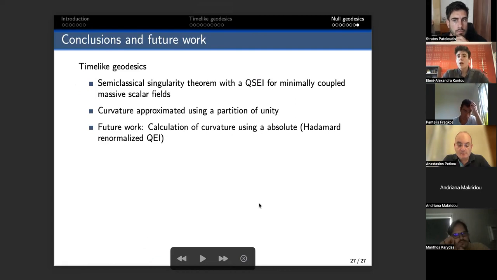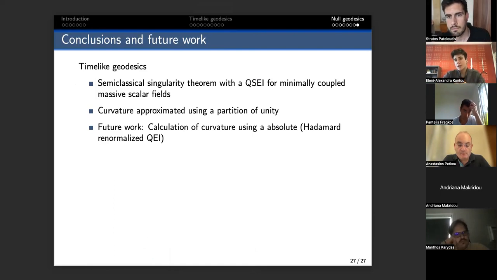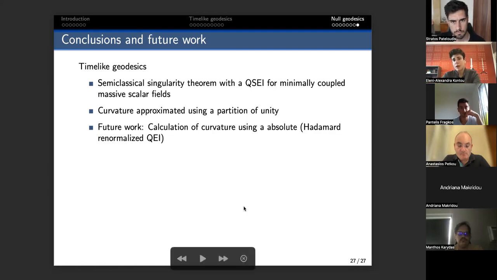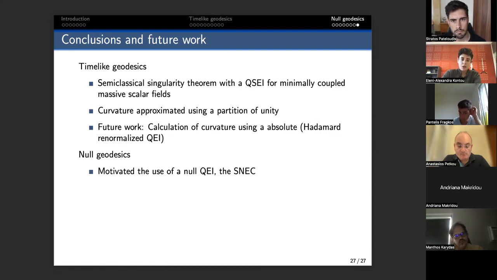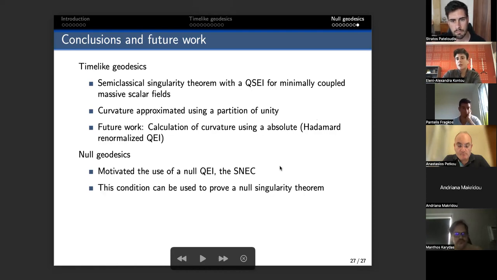What would be better is to prove a new quantum inequality which does not depend on a reference state, but instead renormalizes by subtracting curvature terms, and then we'll be able to directly calculate the curvature. For the null geodesics, things are a little harder. I showed you the smeared null energy condition, which uses a UV cutoff, and I motivated its use a little bit and proved this singularity theorem for null geodesics.